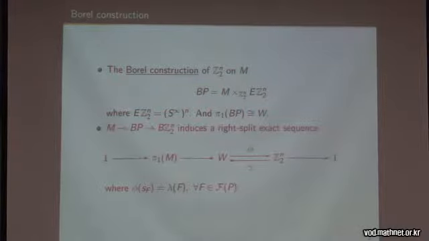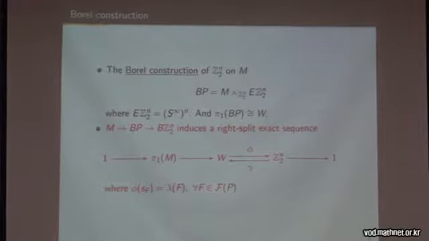So this fibration induces the right split exact sequence, and so π1 is isomorphic to the kernel of this homomorphism phi, where phi is defined by phi(s_F) equal to the coloring on F. And in fact, this sequence is right split.